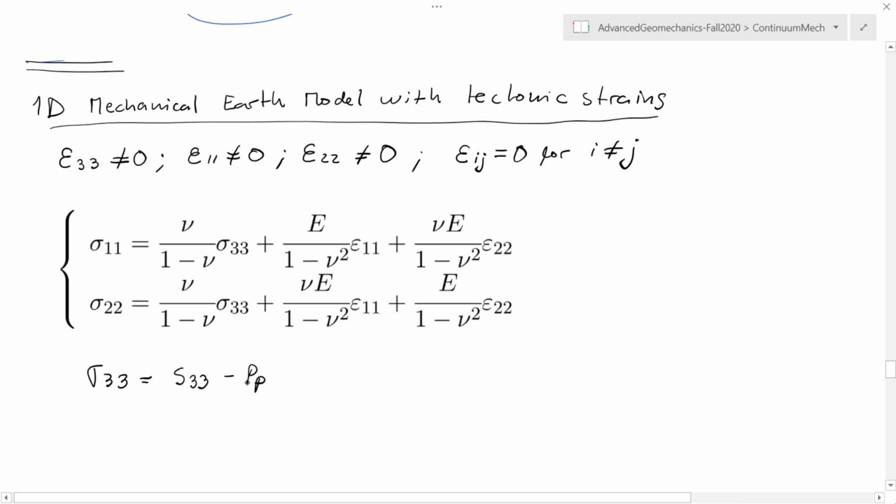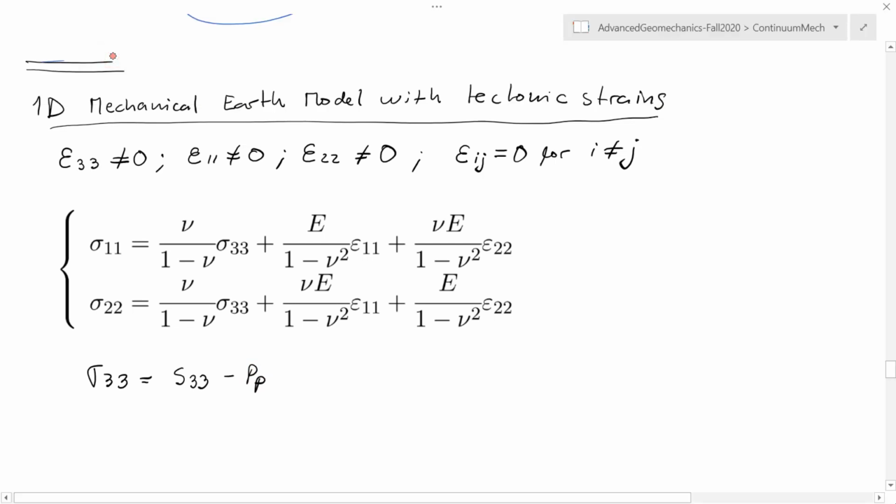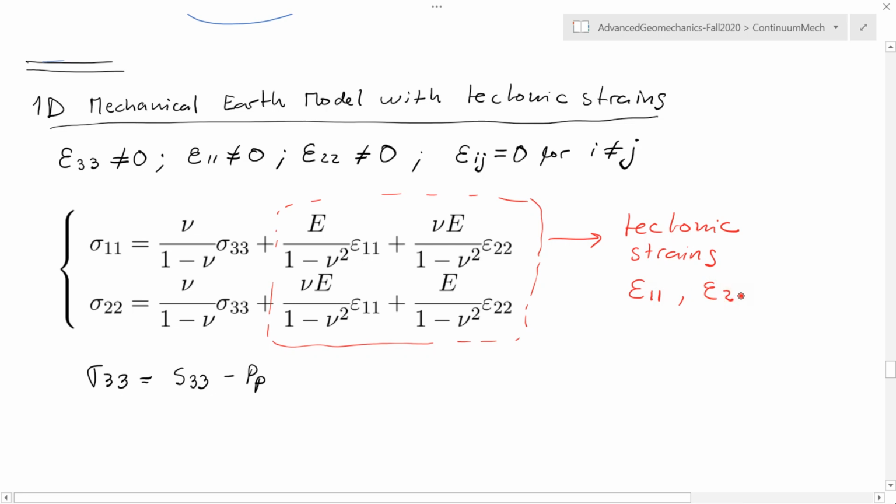Now notice that these two additional terms are the additional stress caused by the tectonic strains epsilon 11 and epsilon 22.